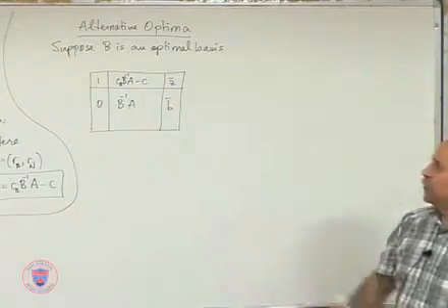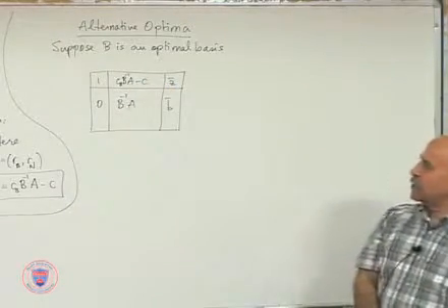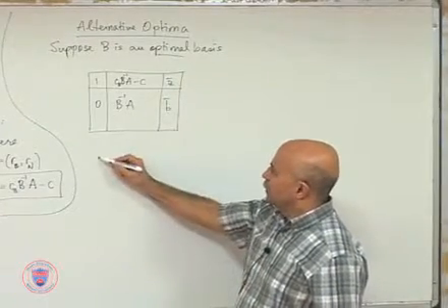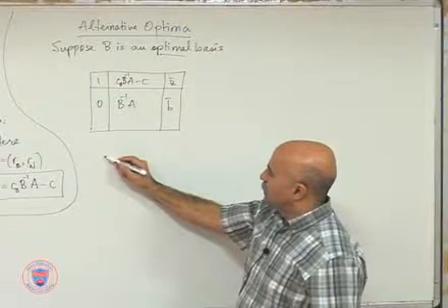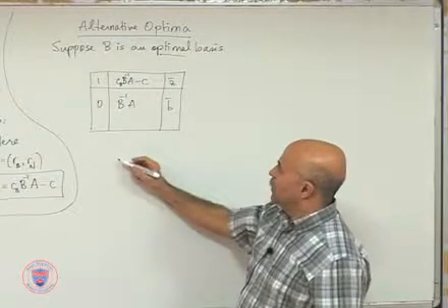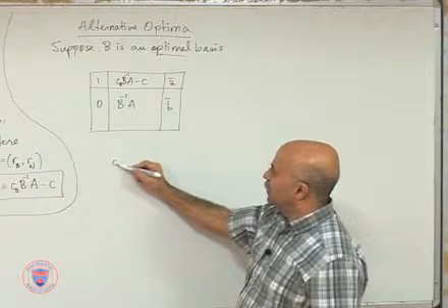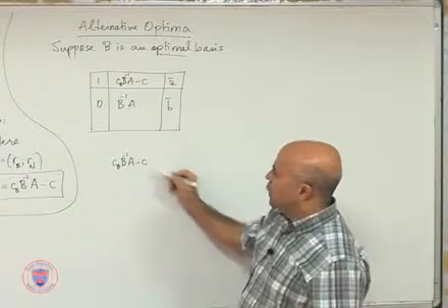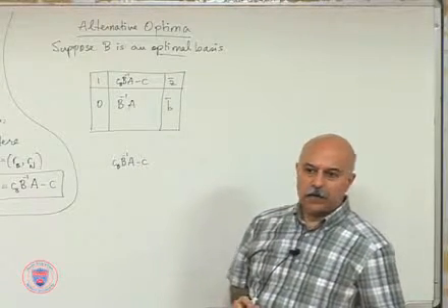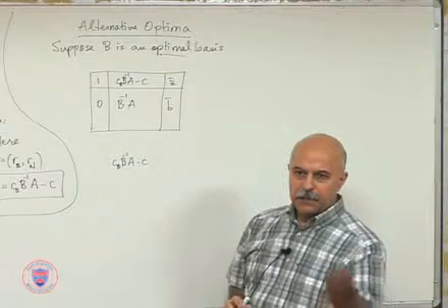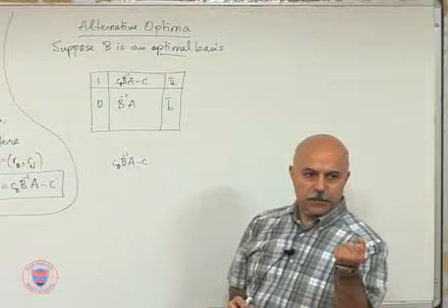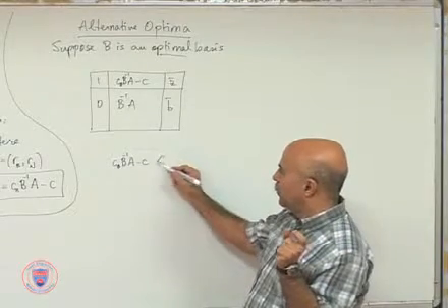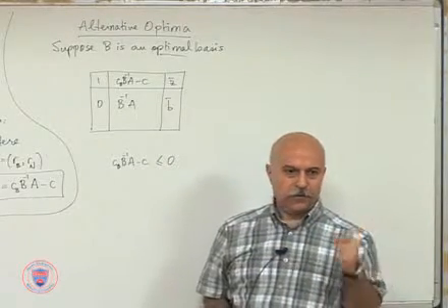Okay, it has this information. The top has the reduced cost. Since by assumption B is an optimal basis, the reduced cost must be in a certain way. What should they be? This is a minimization problem. You are able to enter something for a minimization if there's a positive reduced cost. So they should all be less than or equal to 0 in order for this to be optimal.